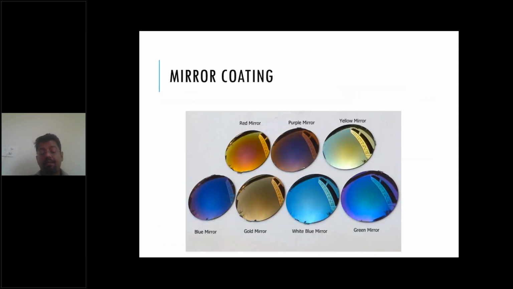And another we have is a mirror coating. Earlier in our days, mirror coating was just a dream for people who use glasses with powers. There were only ready-made mirror coatings available, but now the mirror coating is available for any power, for any type of glass you want.